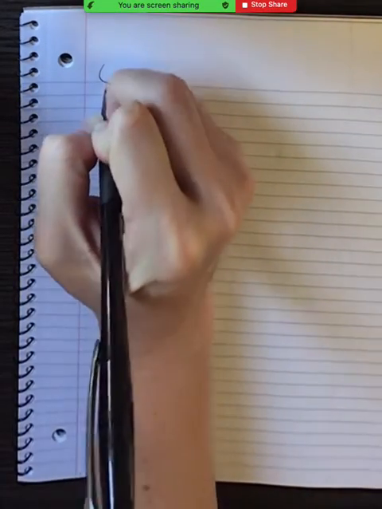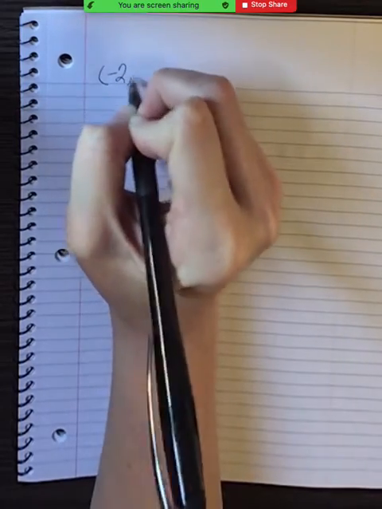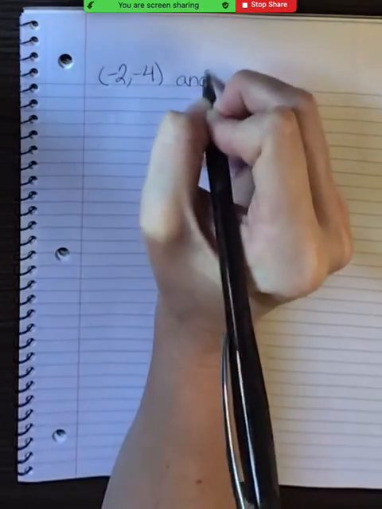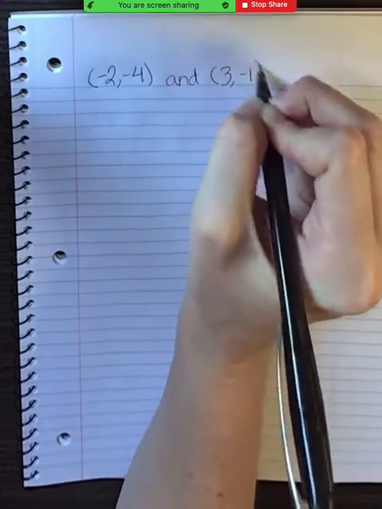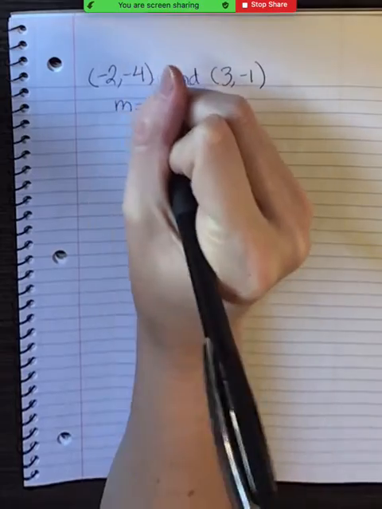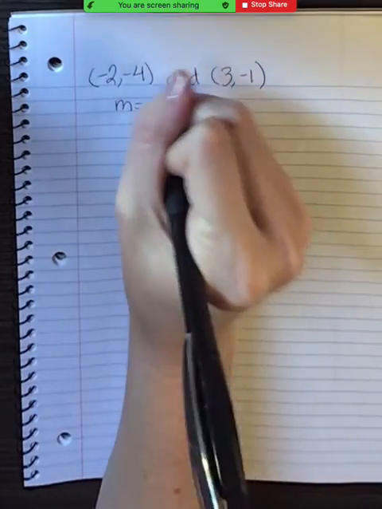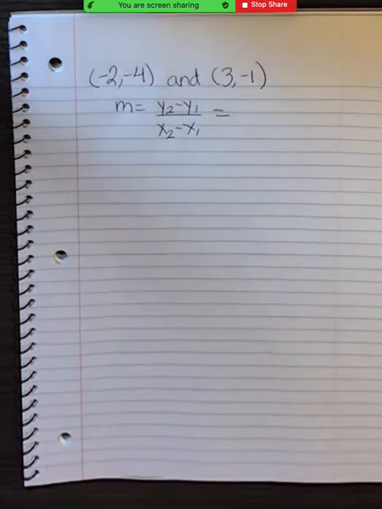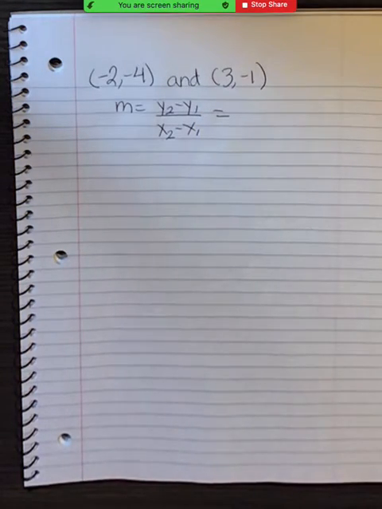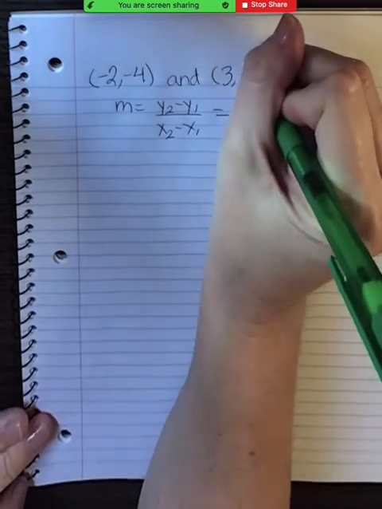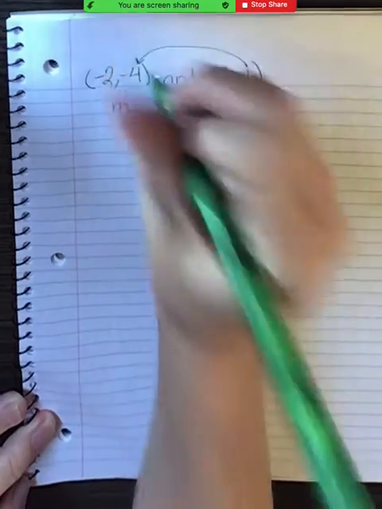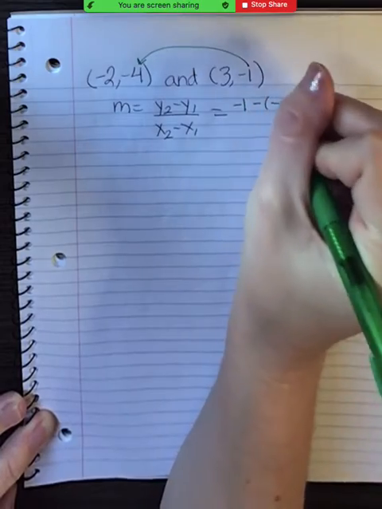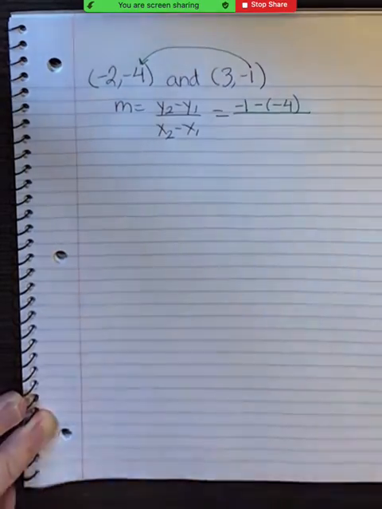So we want to find the slope of the line passing through the points -2, -4, and 3, -1. Okay, so slope is change in y over change in x. So change in y, I'm going to start here. So this minus this. -1 minus -4 over change in x.